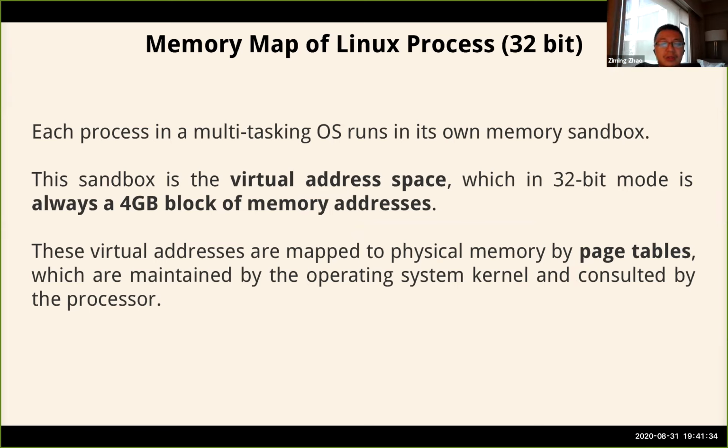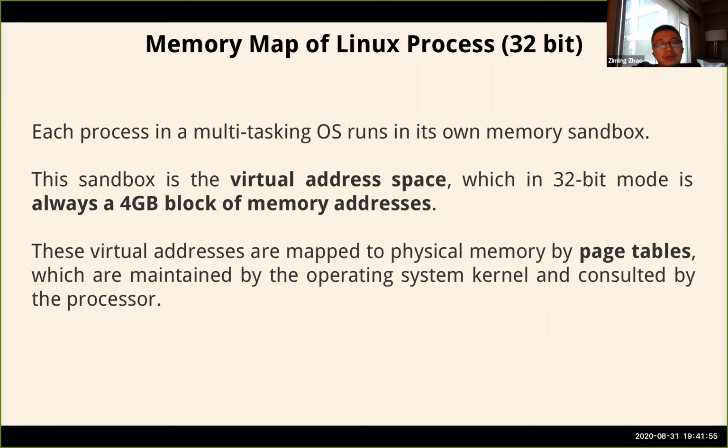First, we talk about the 32-bit version. Each process in the OS runs in its own memory sandbox, and that sandbox is called the virtual address space. In a 32-bit machine, it has a 32-bit linear address, and the size of it is 4 GB.